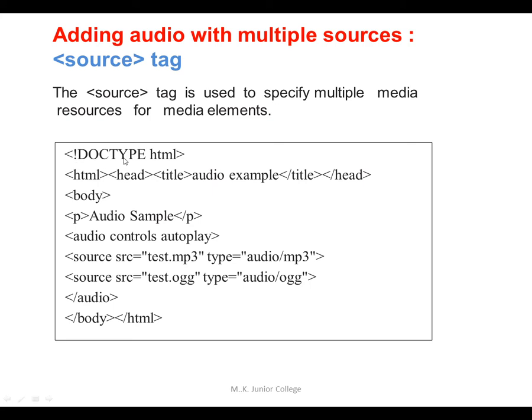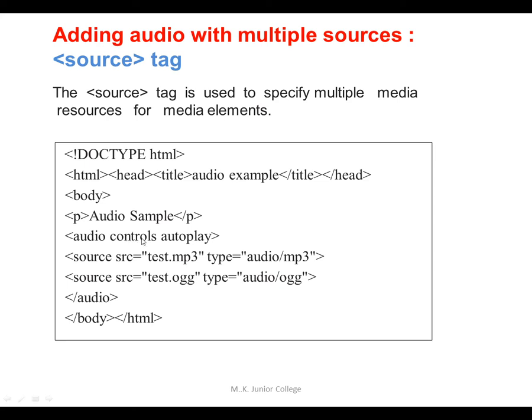See here, again I am starting with the very first tag, which indicates it's an HTML5 file. Then all the basic tags, starting with the body tag. Here I am giving a p tag, and under the p tag one heading, audio sample. Now I am starting with the audio tag with controls and autoplay. So audio is basically a tag to start the audio, and at last you have to close it.